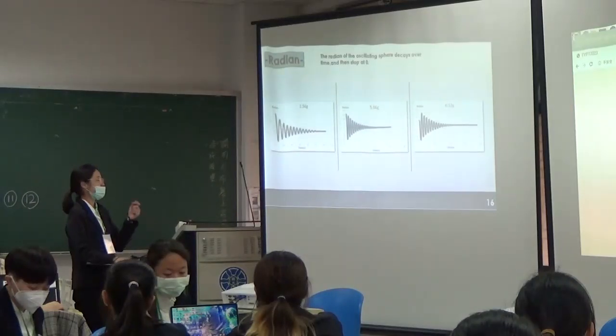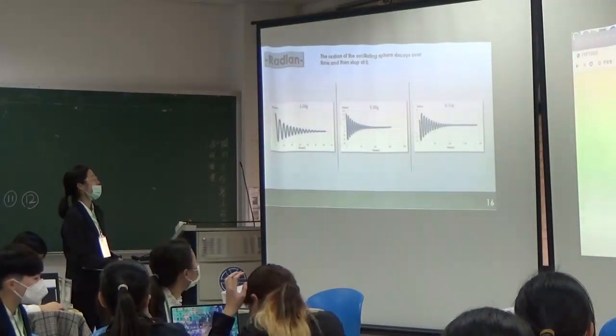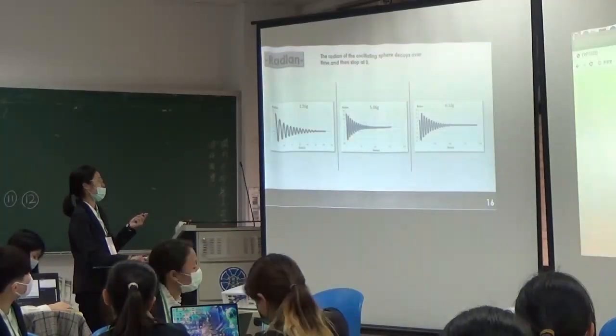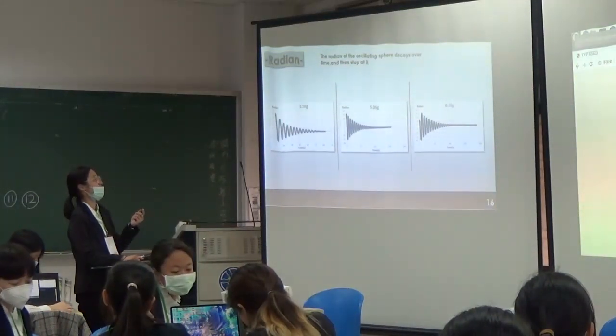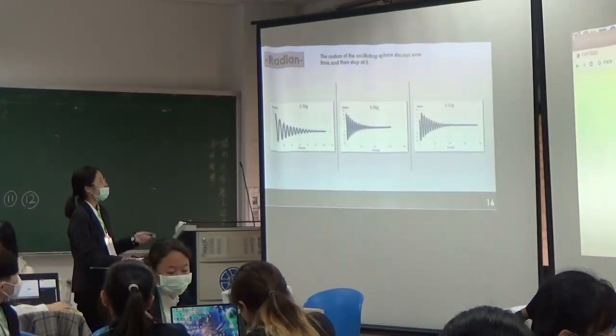The x-axis is time in seconds, and the y-axis is radians, a kind of unit. The radian of the oscillating sphere decays over time and then stops at 0.